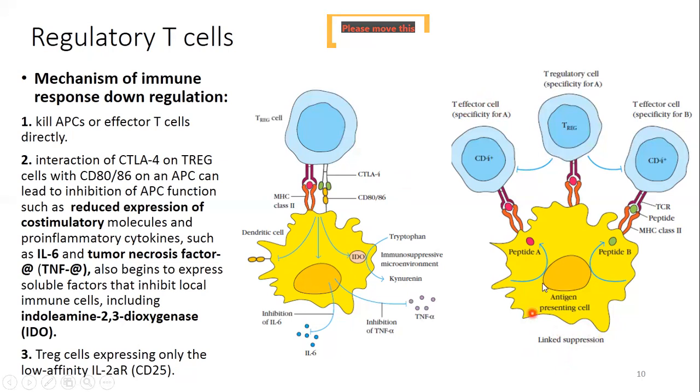For example, when a T regulatory cell is engaged with an antigen-presenting cell for peptide A, it will cause the deactivation of the effector T cell specific for peptide A. At the same time, when there is another T cell, for example, specific for peptide B, for another antigen, engaged with the same antigen presenting cell which interacts with the T regulatory cell, it will cause the deactivation of this T cell specific for antigen B. So this is called linked suppression. This is very interesting.